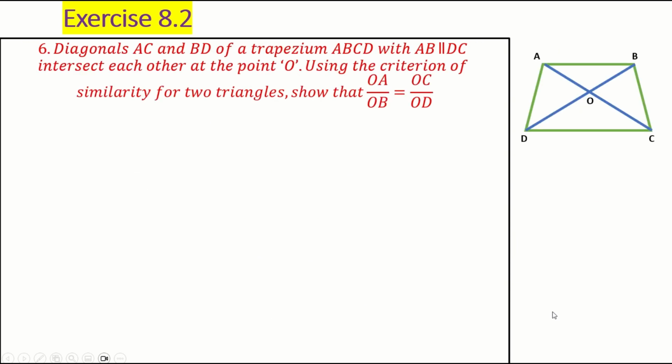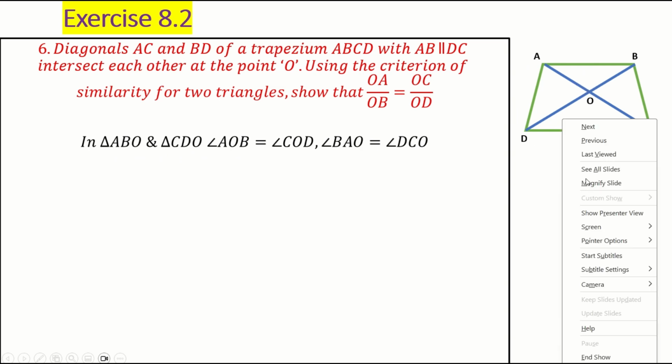Next, diagonals AC and BD of trapezium ABCD, with AB parallel to DC, intersect each other at the point O. Using the criterion of similarity of two triangles, show that OA by OB equals OC by OD. Let's see. So in triangles ABO and CDO, this angle here is the same, correct?